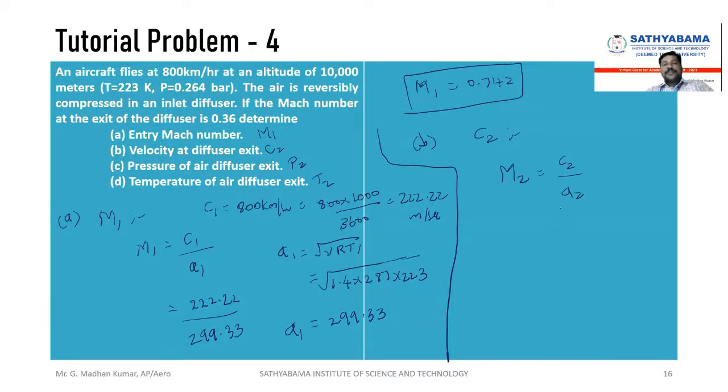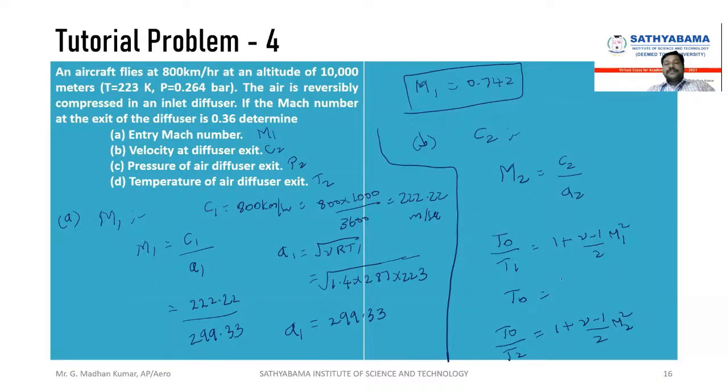In order to find the value of T2, you use the T0 by T1 relation, that is 1 plus gamma minus 1 divided by 2 M1 square. Using this you find the value of T0, and then you go for the T0 by T2 relation, with the same formula where the suffix is different.